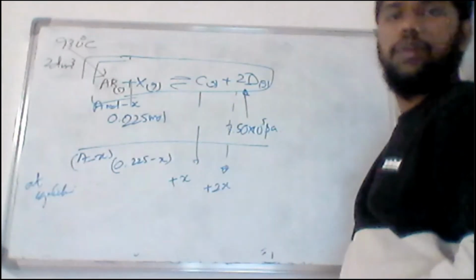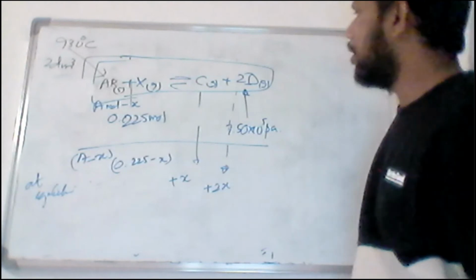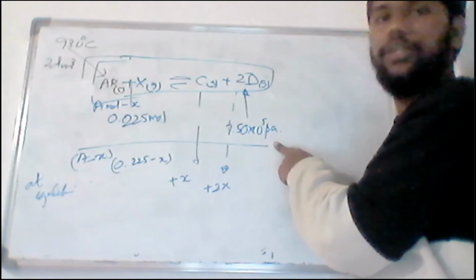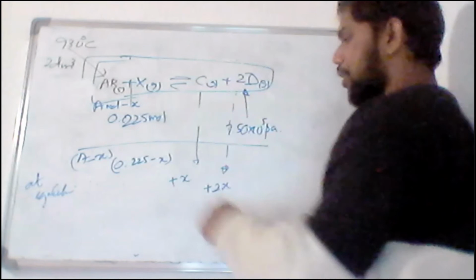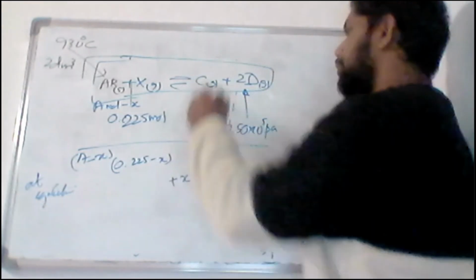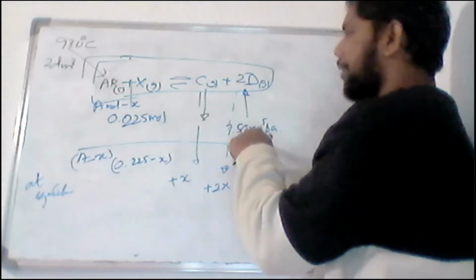Okay. So one thing that you can get directly from this is the partial pressure of D gas that is given, 7.5 into 10 to the power 5. So the stoichiometry is 2:1 according to the number of moles also. So the partial pressure of C gas should be half of this. Okay, partial pressure should be half of this.